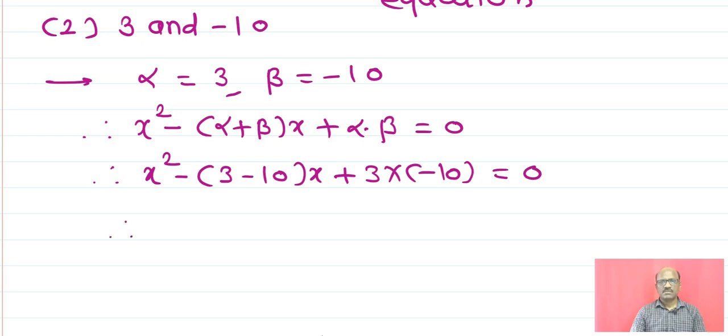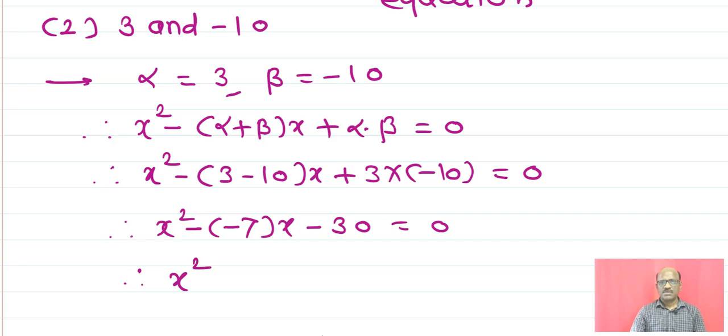Therefore, x square, 3 minus 10 is minus 7 and minus minus will become plus, that is minus 30 equals 0. Therefore, x square plus 7x minus 30 equals 0. This is the required quadratic equation.